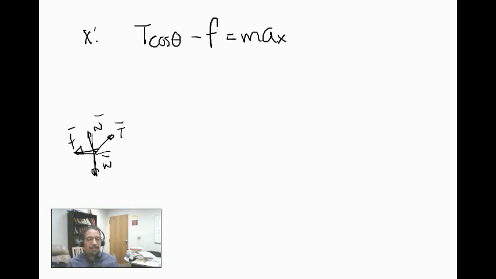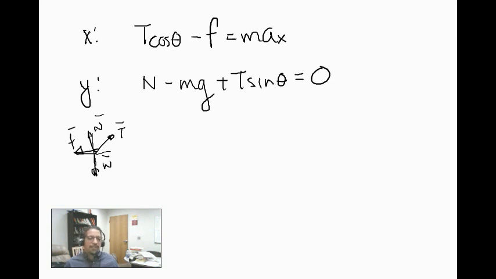Note that I kept here the component. And in the y, there are three forces that have y component. These are the normal minus the weight magnitude mg plus T sine theta. And note that we know that this is 0 because there's no motion in the vertical direction.